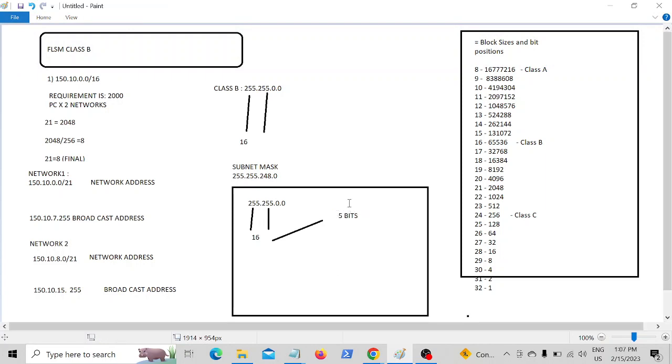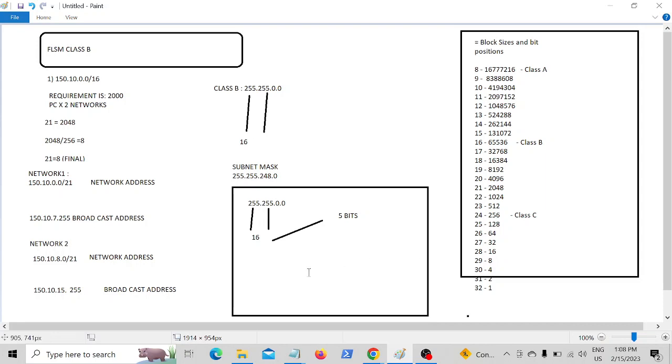So how you are going to get these 5 bits: you have to go to this subnetting table and look at the first 8 bits. You are not looking at class A, B or C for the subnet mask. You are going to add, since the requirement is 5 bits, 128, 64, 32, 16, 8.